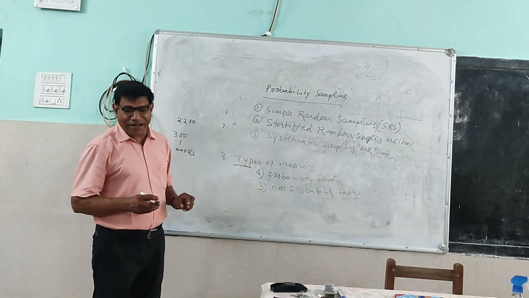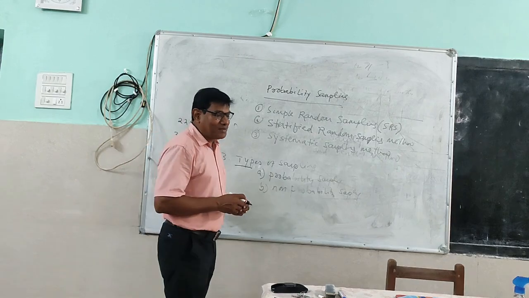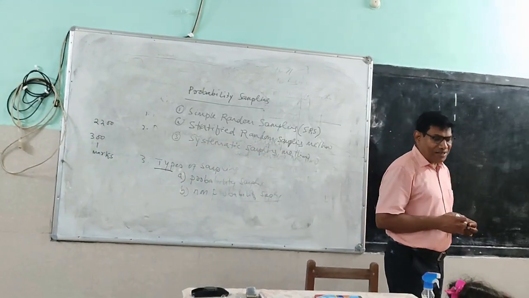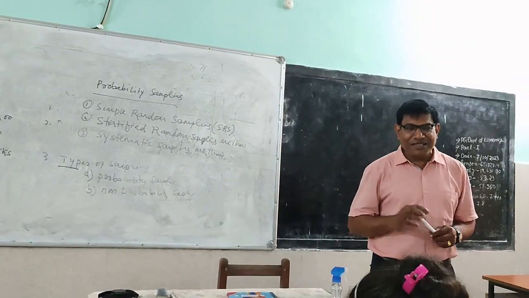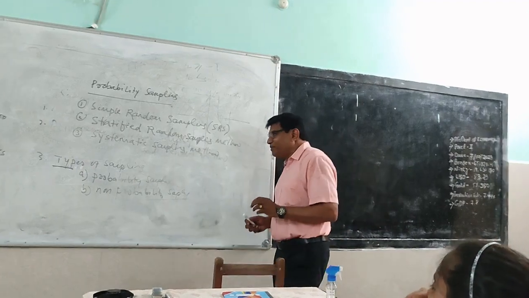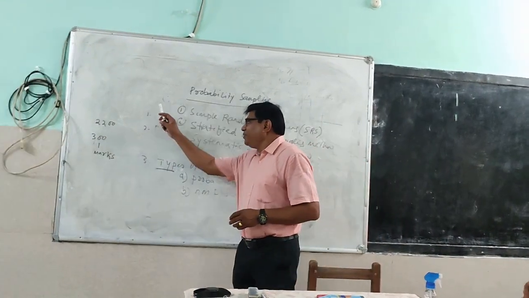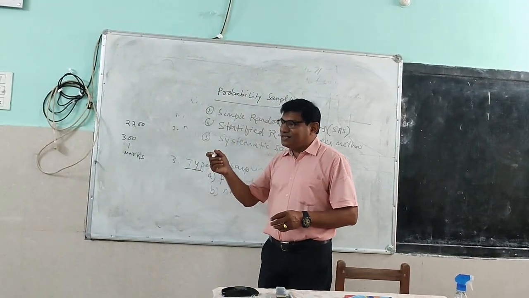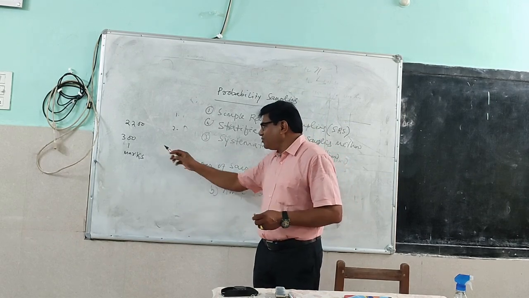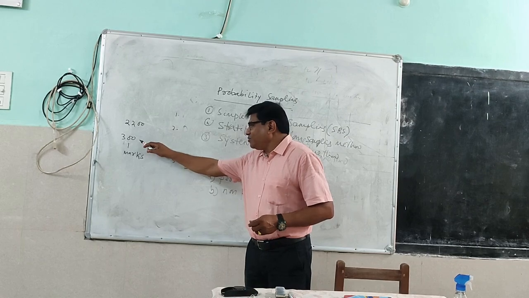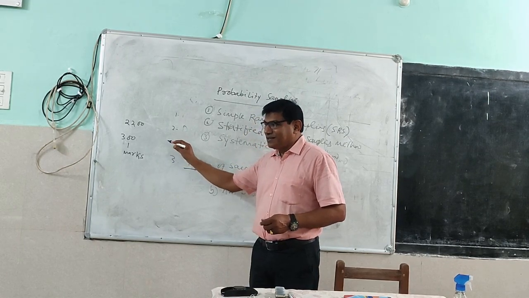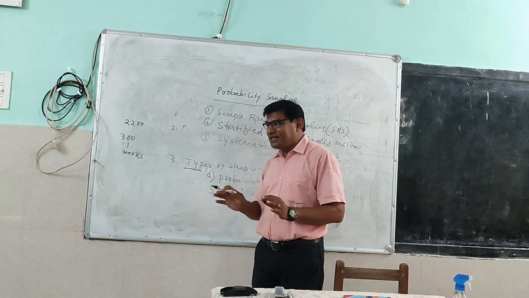First we'll come to simple random sampling. Write down simple random sampling method. What is this method? Just try to understand, then write down. This is a method in which each and every unit of the population has equal chance of being selected. Suppose there are 3,000 students. If every student has equal chance of being selected, then that is called the simple random sampling method. There is no bias, no discrimination.